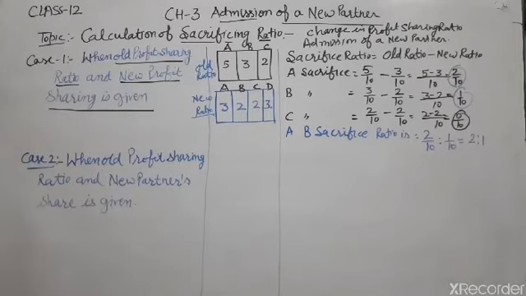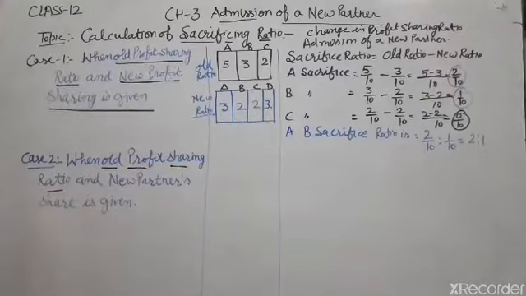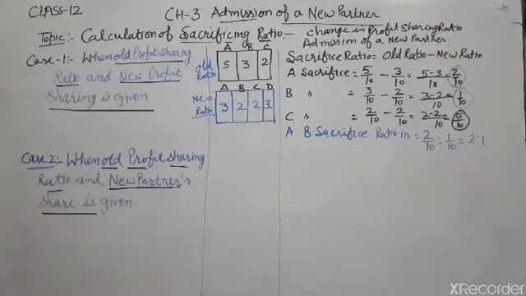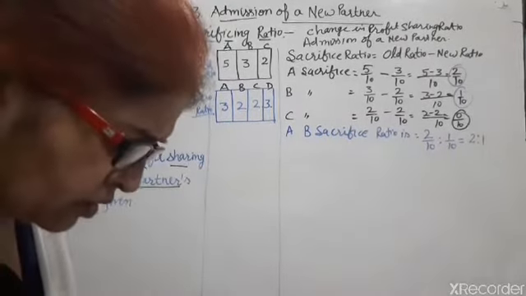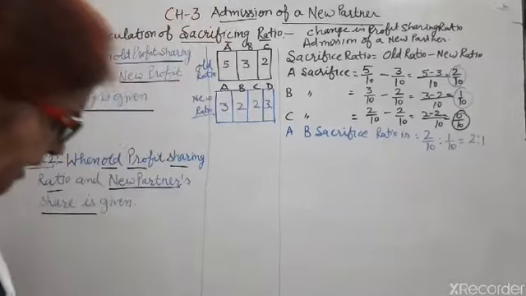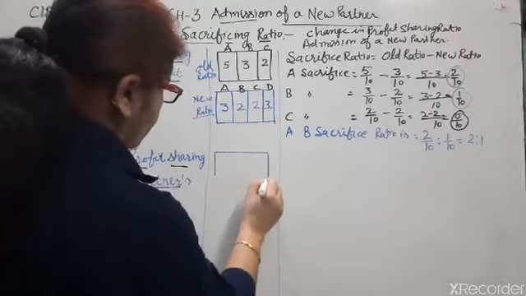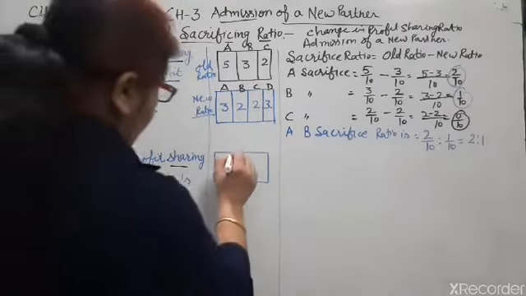Now the second case, when the old profit sharing ratio is given and the new partner's share is given. For example, A, B and C are partners sharing profits in the ratio 4:3:2.